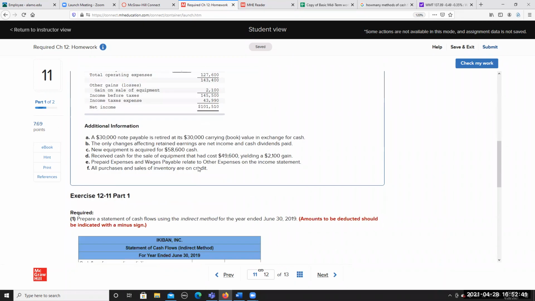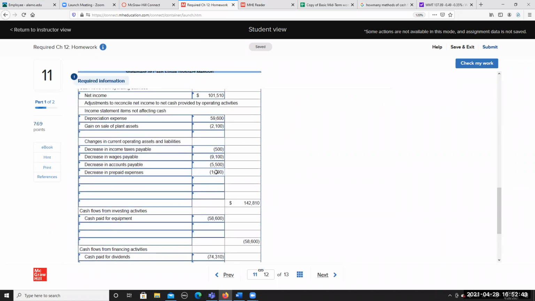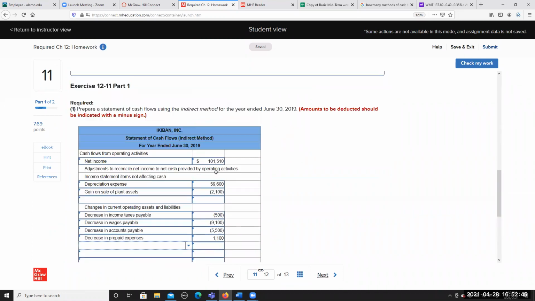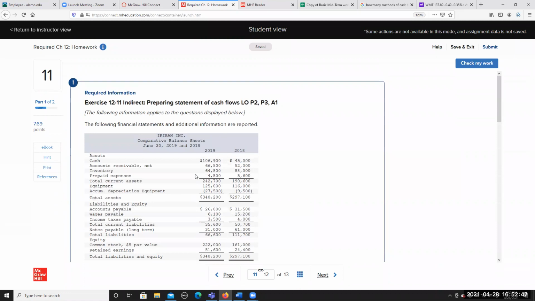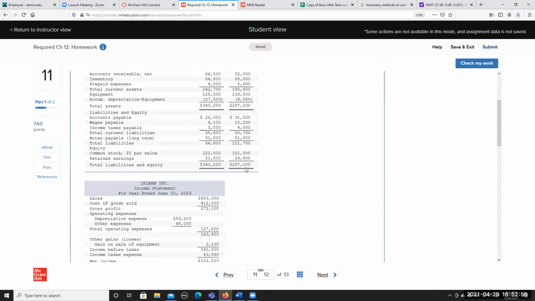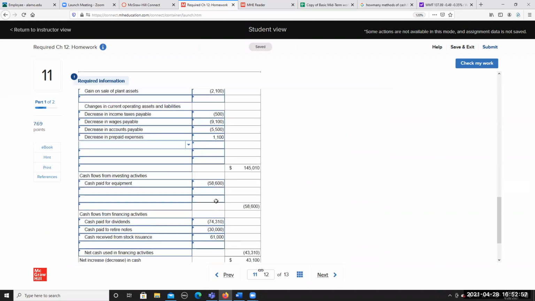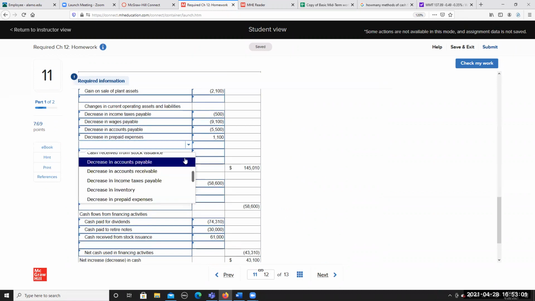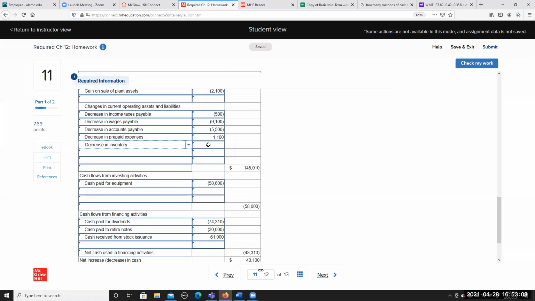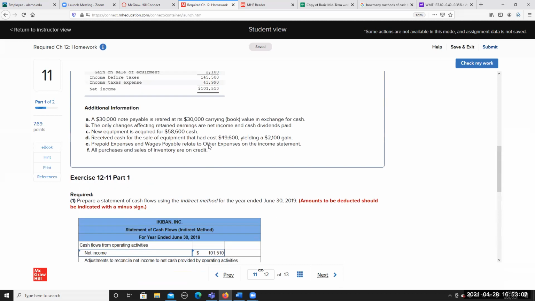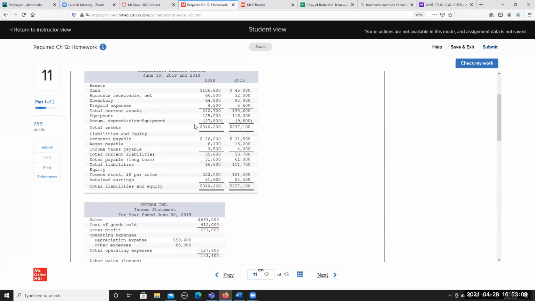Now they're down. So I'm sorry, it's cash goes up because you didn't spend your money on that asset. All right. Inventory went from 88,000 minus 64.8. So assets went down. So this is a decrease in inventory. So cash goes up. Okay. All right. And let's see what else we have.